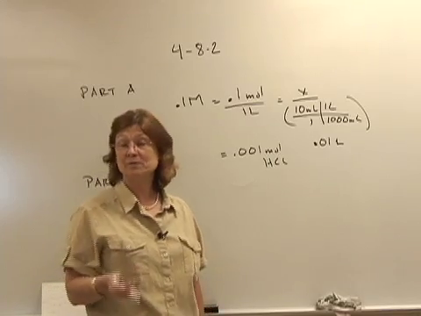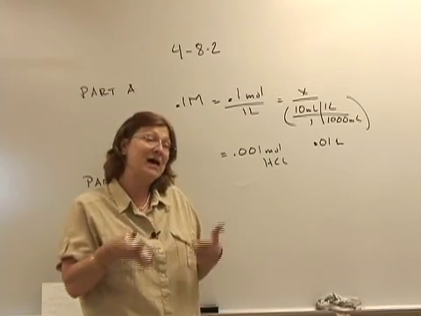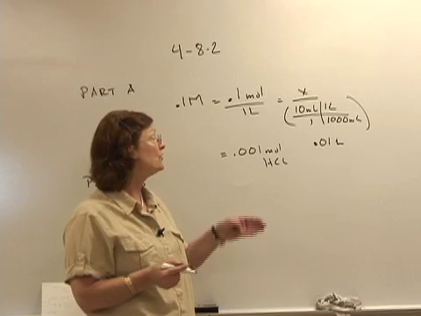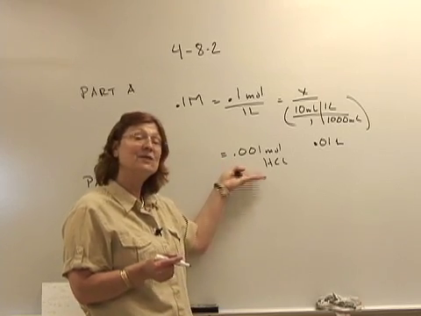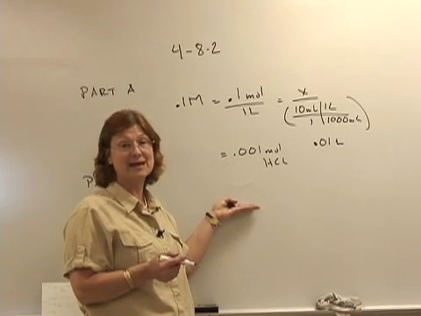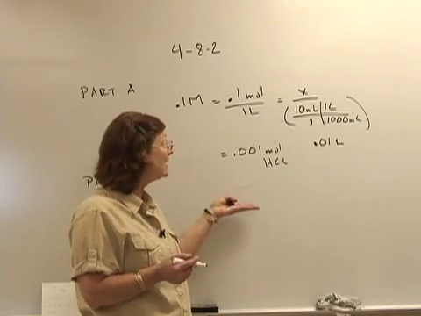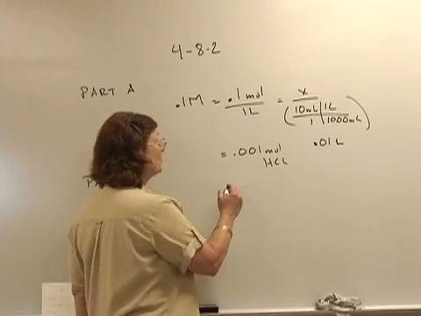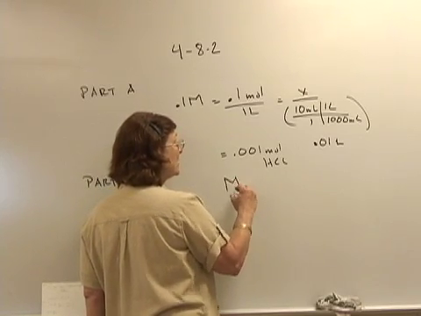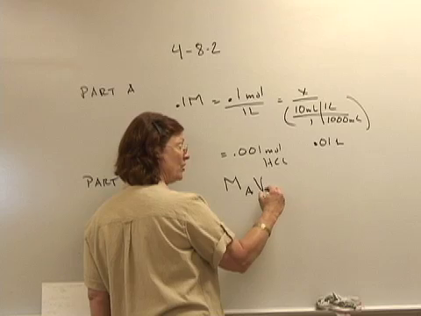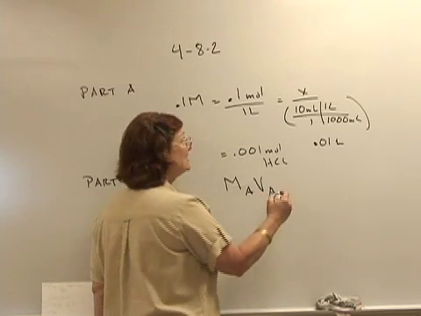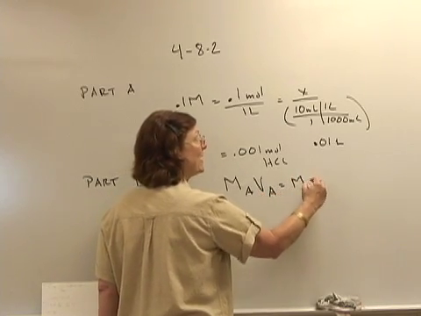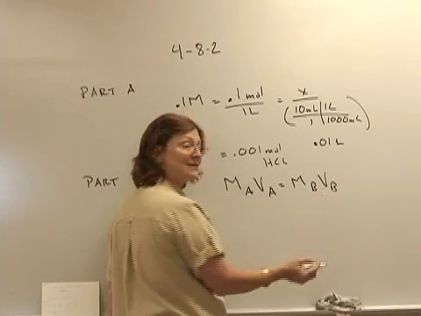Well, when it turns pink, we know that we have an exact amount of the base as well. So the answer for the moles of the acid and the moles of the base will be the same. Then, to get the concentration of the base, you are given an equation. The molarity of the acid times the volume of the acid is equal to the molarity of the base times the volume of the base.